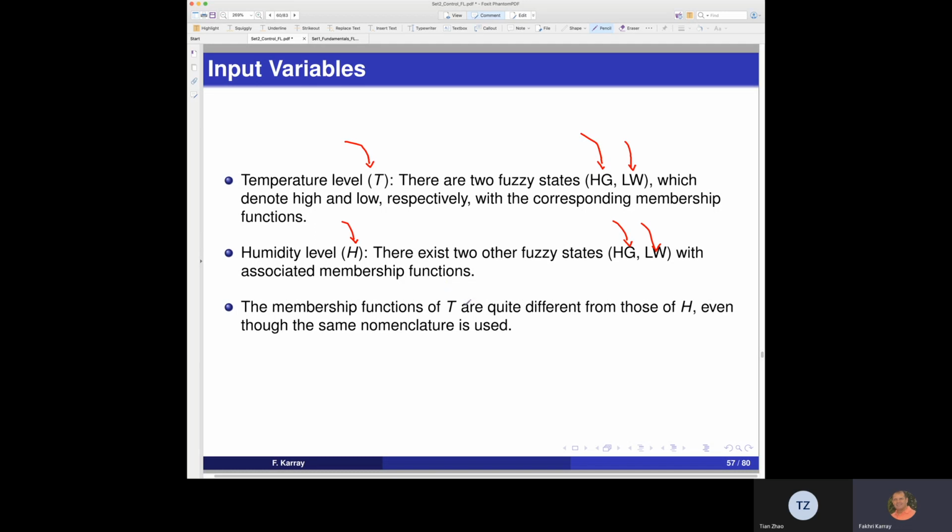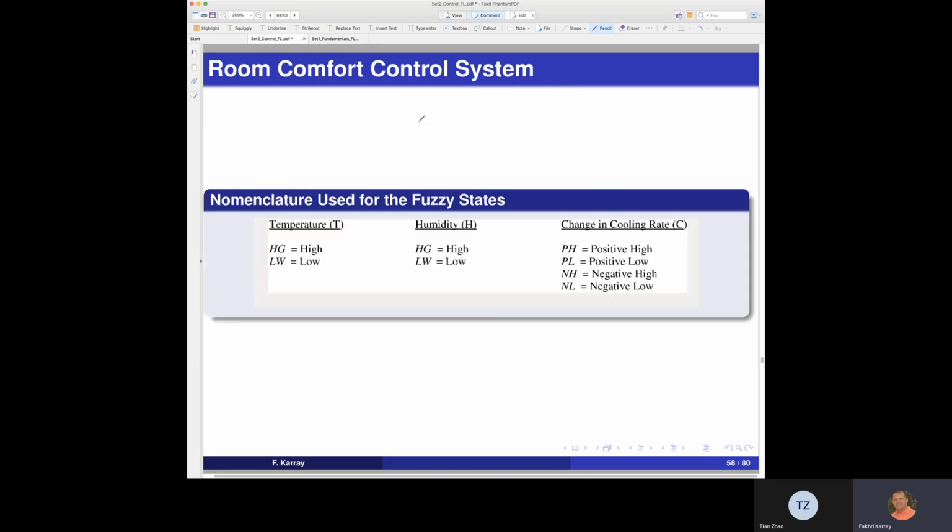And then the membership functions of T are quite different from those of H because they are two universes of discourse. Remember, we have two universes of discourse. So we have temperature, we have humidity, and we have the cooling rate of the system. Okay, so this is what we have. These are the rules that we are going to express in the next few moments.